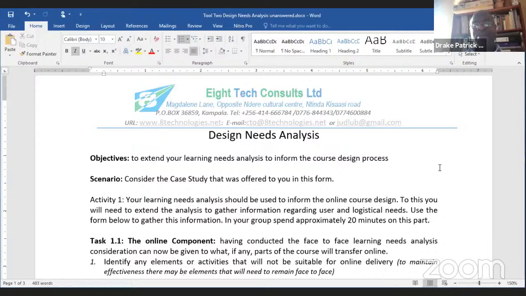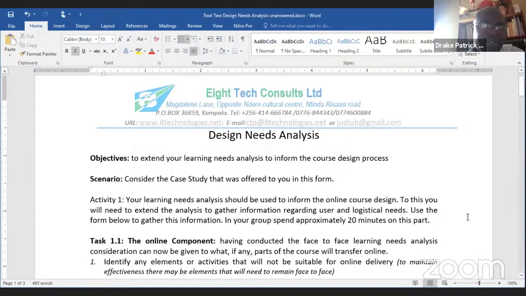Colleagues, most of us, when it comes to online learning, think that it's about making PowerPoint presentations or PDFs and depositing them onto the learning management system as a content repository. That's not the case. What logistical needs do you need to have? As you're going to see, for successful e-learning, there are things you must take into consideration. So this tool will help you in your design thinking process to ensure that you have the right mix of the expected outcome, the resources, and also the timely delivery mechanisms.